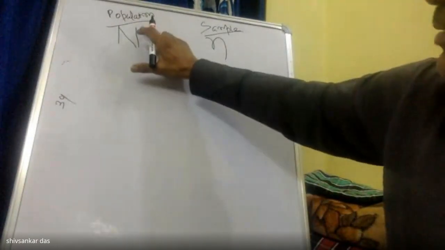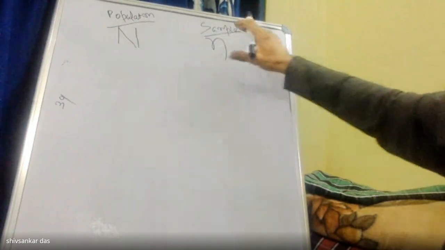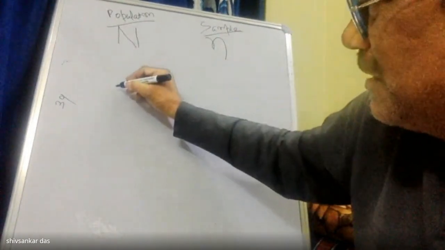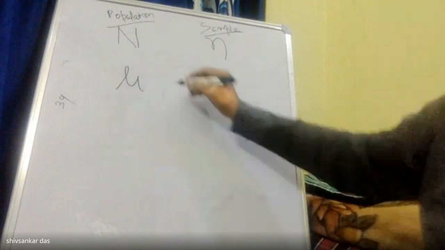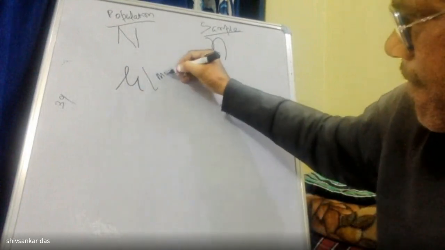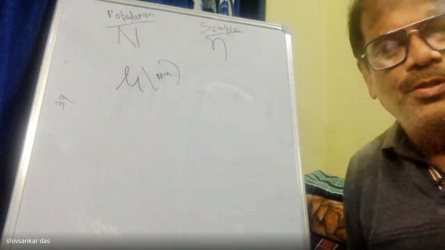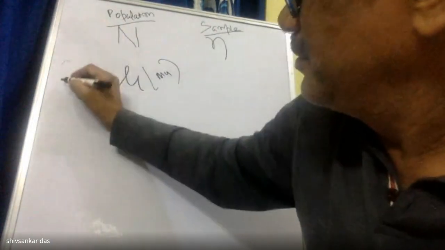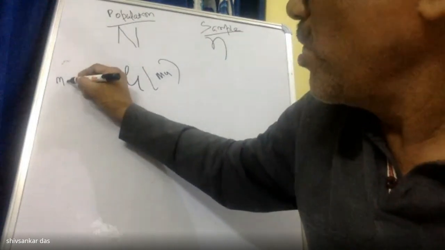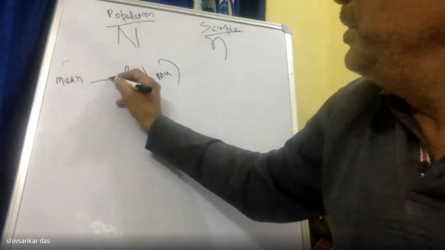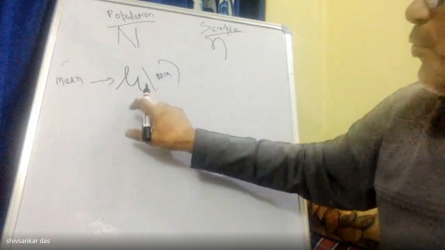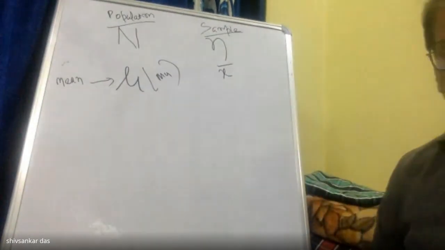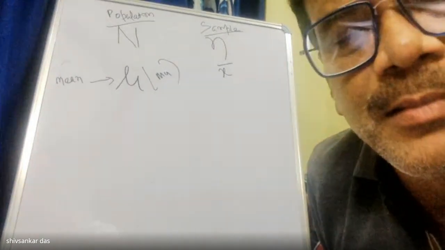So population strength is N, sample strength is n. The mean of the population we call mu, the population mean, and the mean of the sample is x bar.